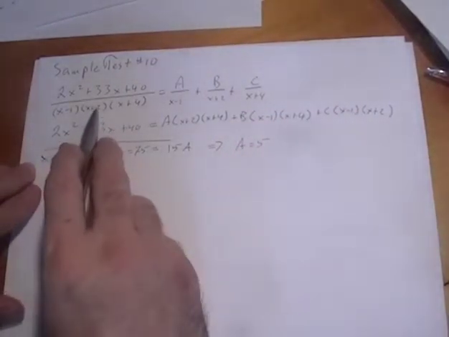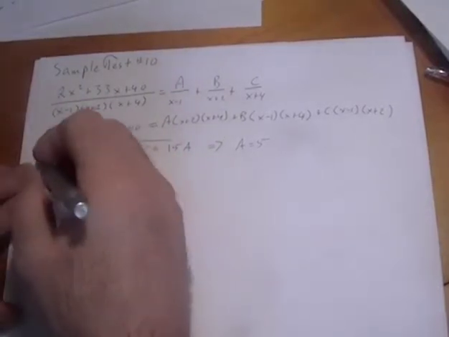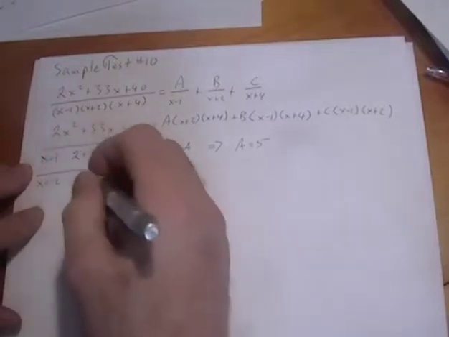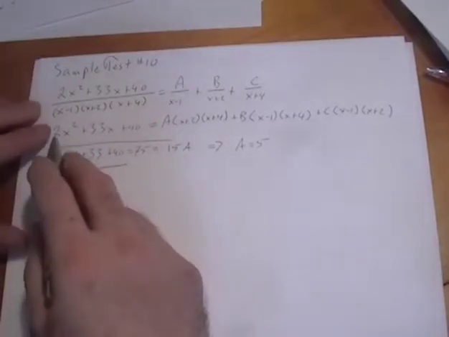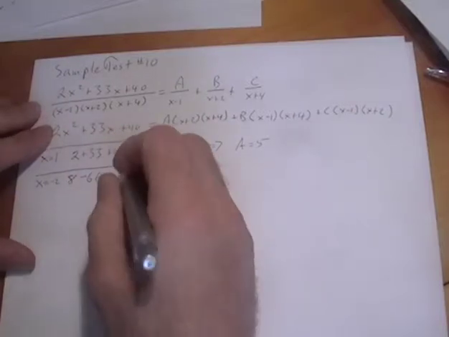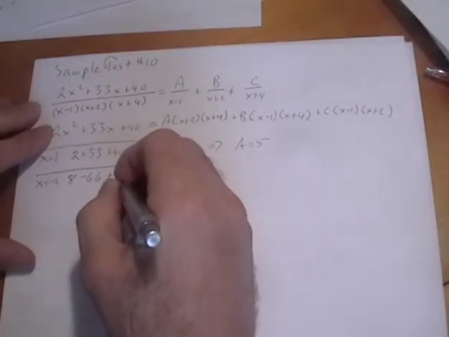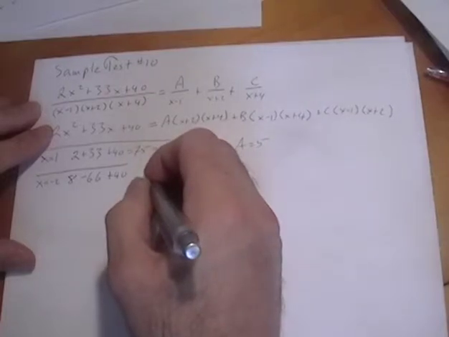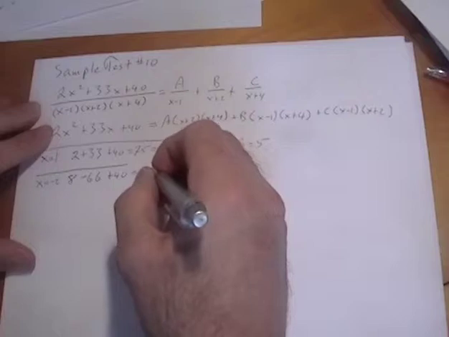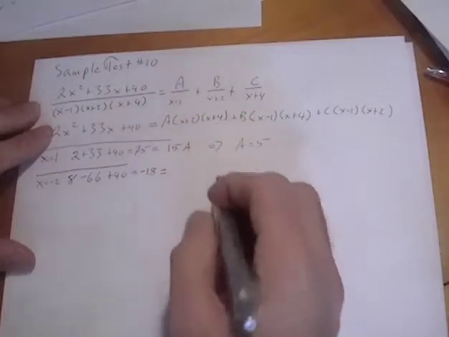I'll do the same for the other factors. So for example, letting x equal negative 2. Here I would have 2 times 4, that's 8, minus 66 plus 40. That adds up to minus 18.